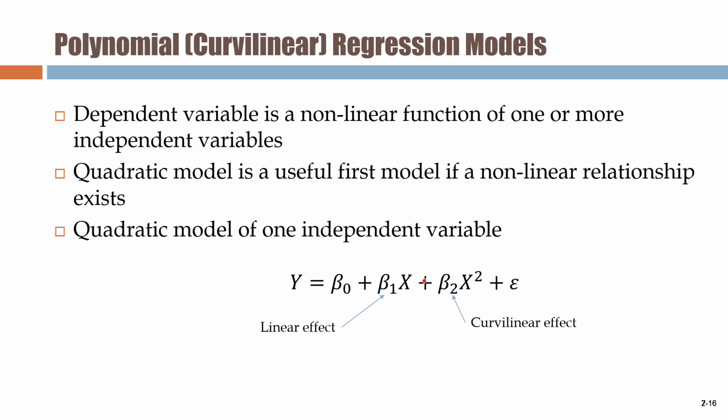The first thing you can try is the quadratic model, which is a square. So you can simply create the x square here and then treat it as a new variable. Still, this is linear regression mathematically, but content-wise, this is not a linear model.